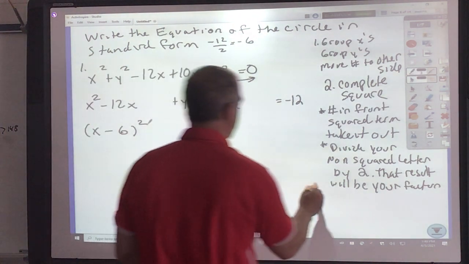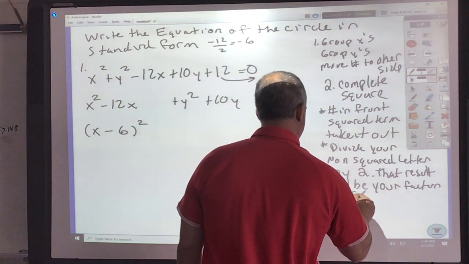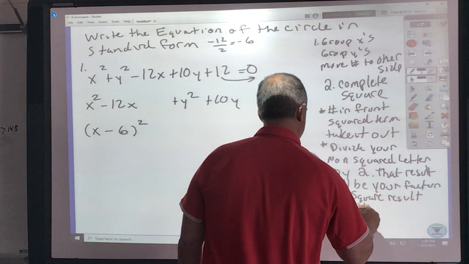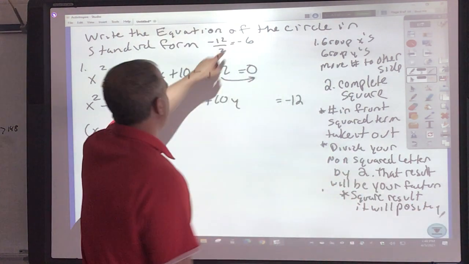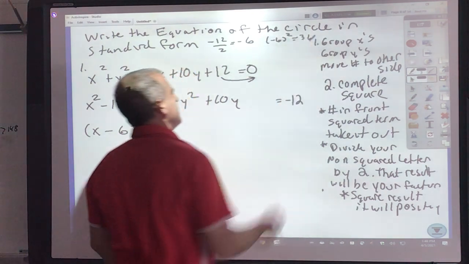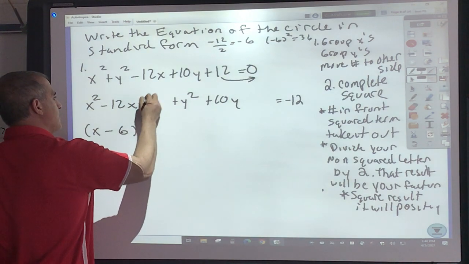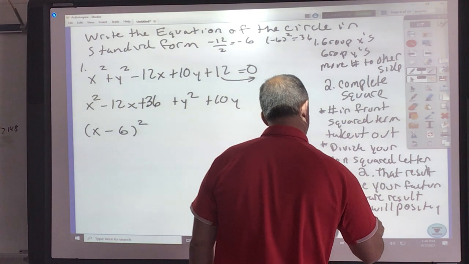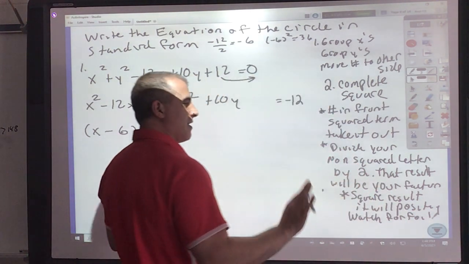Now, once I do that, I want to square the result. It will be positive. So what is negative 6 squared? Negative 6 squared is 36. Anytime you do that, square the result, and watch for FOIL. I'll talk about that when we get to the other number.